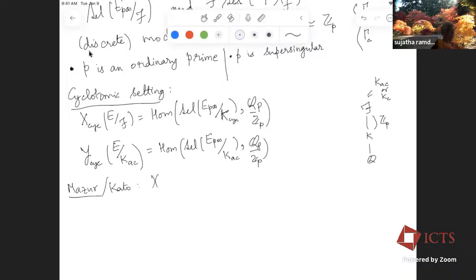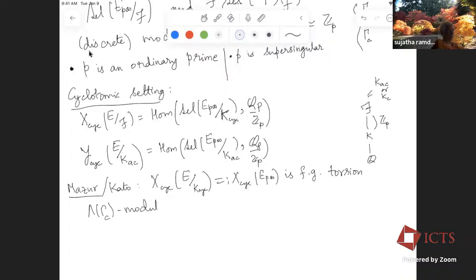We know that X cyclotomic E over K cyclotomic, or for shorthand I'll just call this X cyclotomic E_P^∞, is finitely generated torsion module over Lambda Gamma cyclotomic extension.